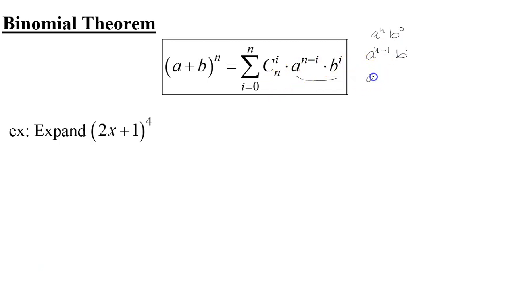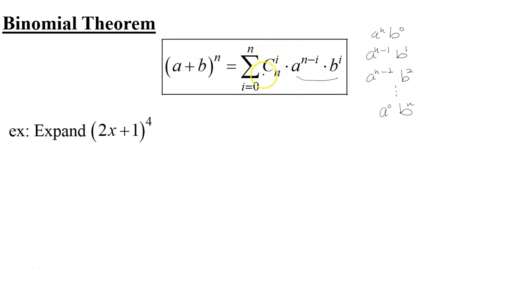For i equals 2, that would be a to the n minus 2, b squared, etc. So you'd notice that the exponent of a starts with n and decreases by 1, and the exponent of b starts with 0 and increases by 1, all the way to reaching a to the 0 and b to the n. So that's no problem there. These factors can be determined exactly the same way as we've been doing it before.